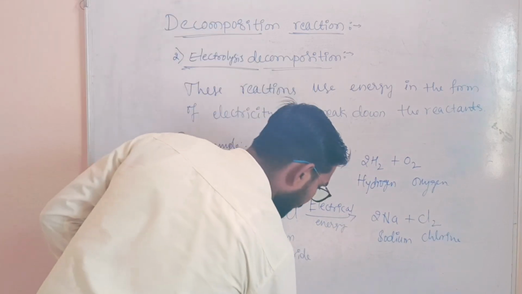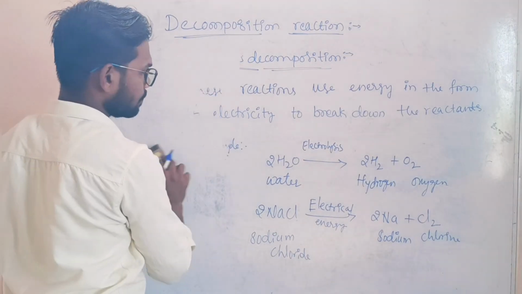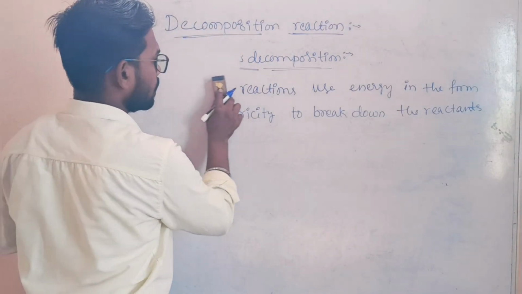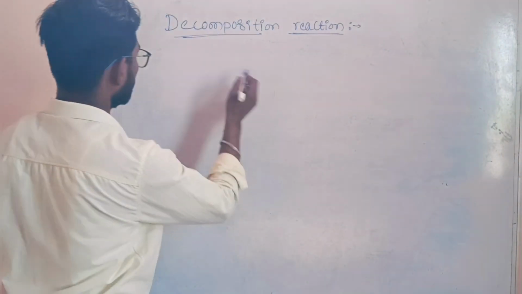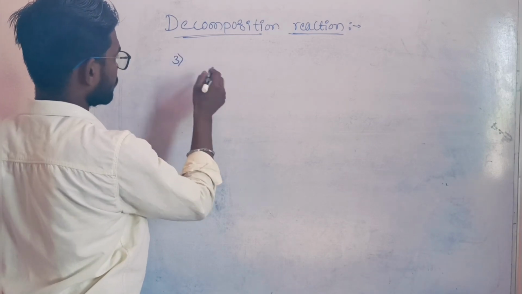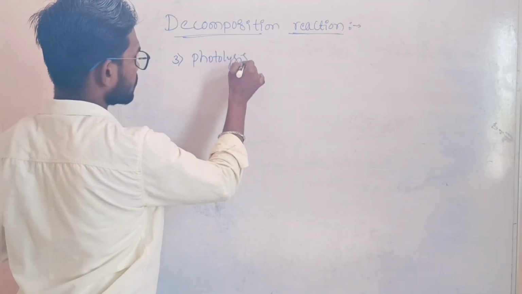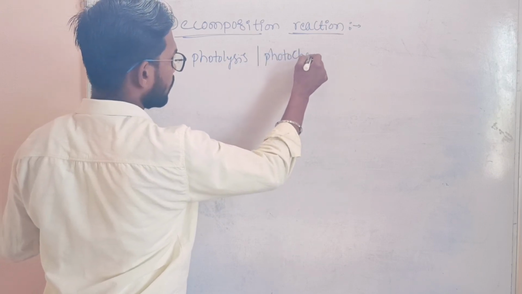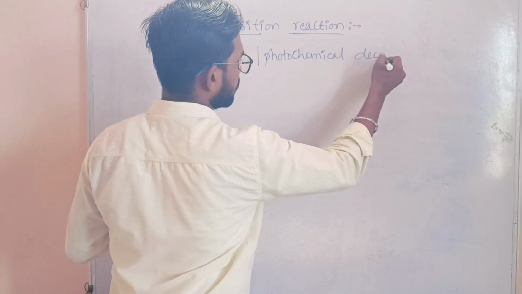And the last one of these decomposition reactions, the third type, is photolysis or photochemical decomposition.